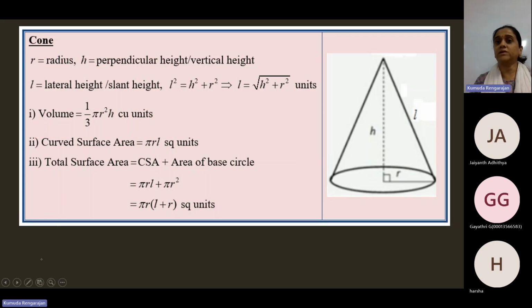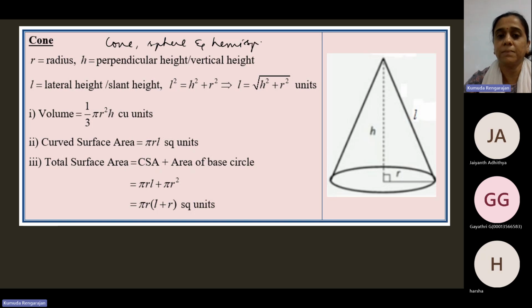So now we are going to take up the introduction to the chapter volumes and surface areas. We have these solids, cone, sphere, and hemisphere in our syllabus. Cube, cuboid, and cylinder we are done with in 8th standard, so we're not going to revisit them now.